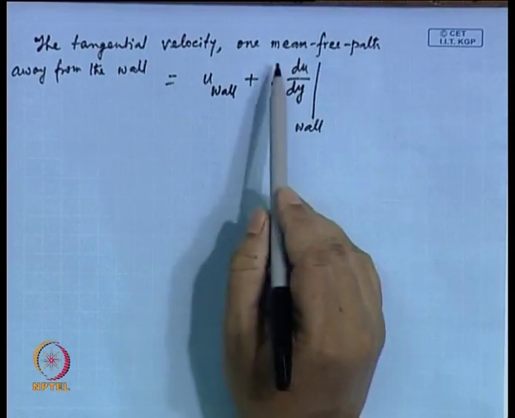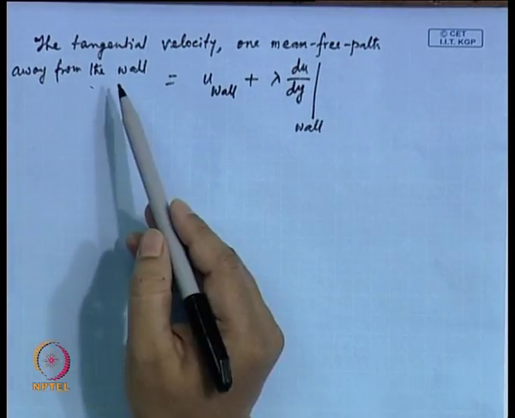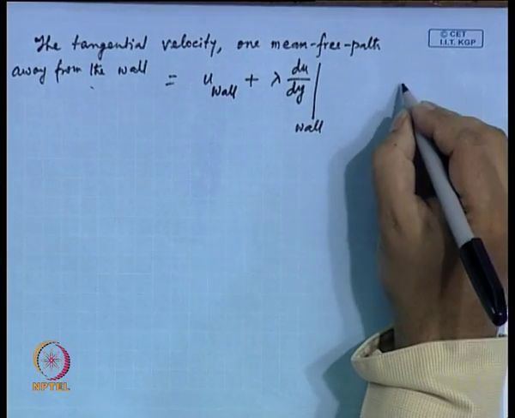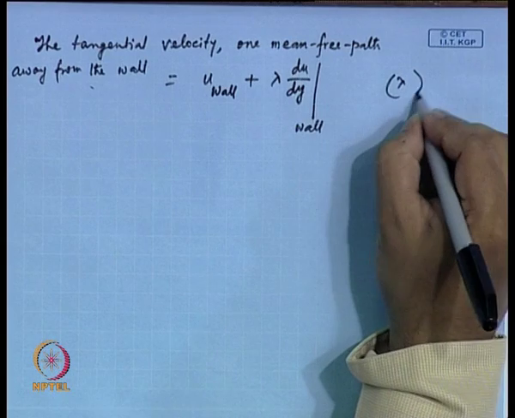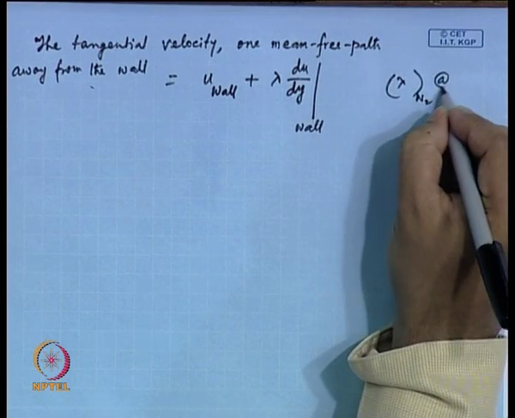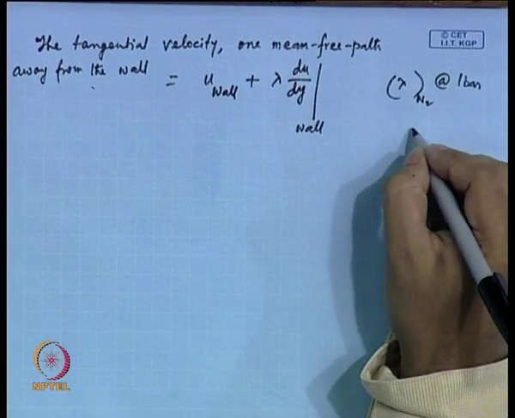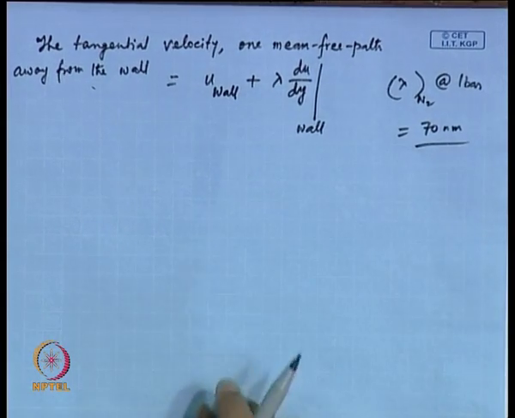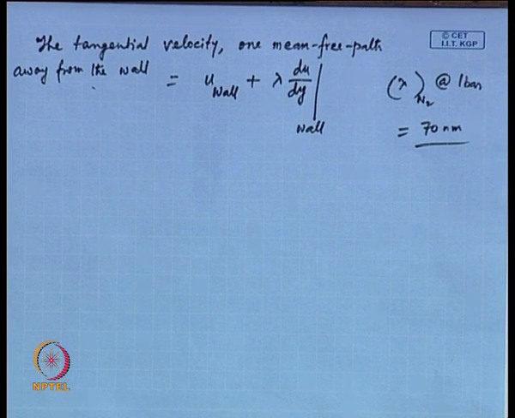We are not exactly on the wall, but one mean free path away from the wall. What is the dimension of one mean free path? Lambda of nitrogen at 1 bar pressure is 70 nanometer. All right. So, that is one mean free path.